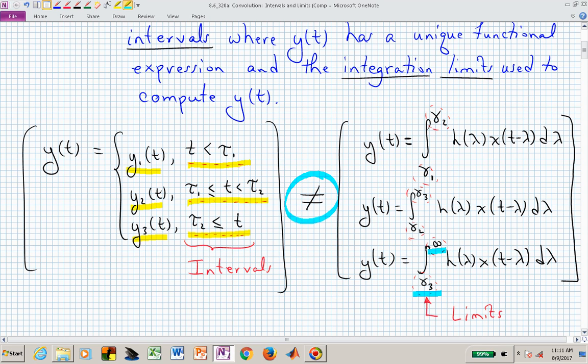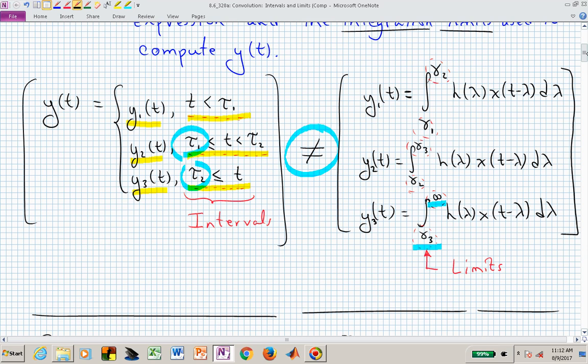Obviously the gammas don't equal taus, but in general, this gamma 3 will be connected to, but won't be the same as, what we're finding for these intervals that determine where those functional expressions might be true. And maybe over here, this is our y sub 1, here's our y sub 2, and here's our y sub 3, potentially for these functional values of our y of t expression.